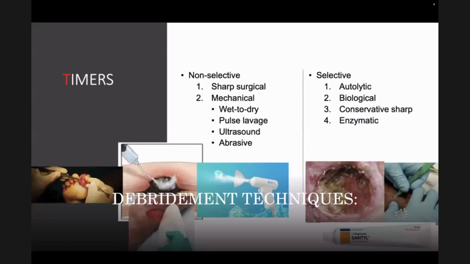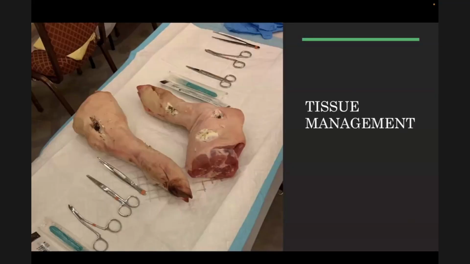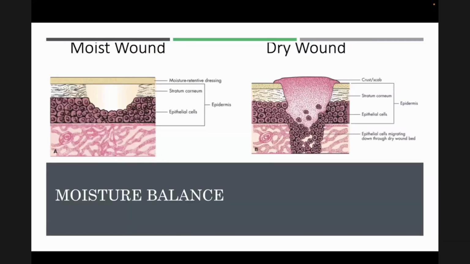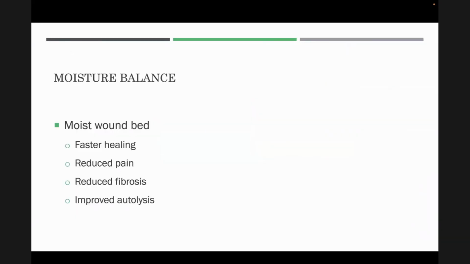Okay. Talked about debridement techniques. We talked about sharp debridement. So any instrument that cuts at the tissue would be considered sharp debridement. Okay, now we're on to moist wound healing. So with a moist wound bed, that helps to encourage faster healing.